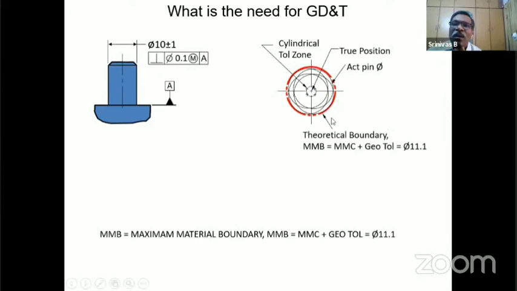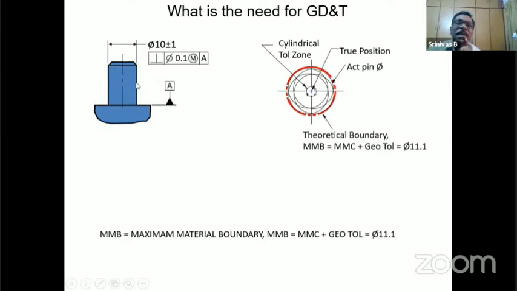This is called MMB, or it is also called virtual boundary or virtual condition. Right, sir? Now, I would speak about resultant condition for the same. For this, MMB is the virtual condition.